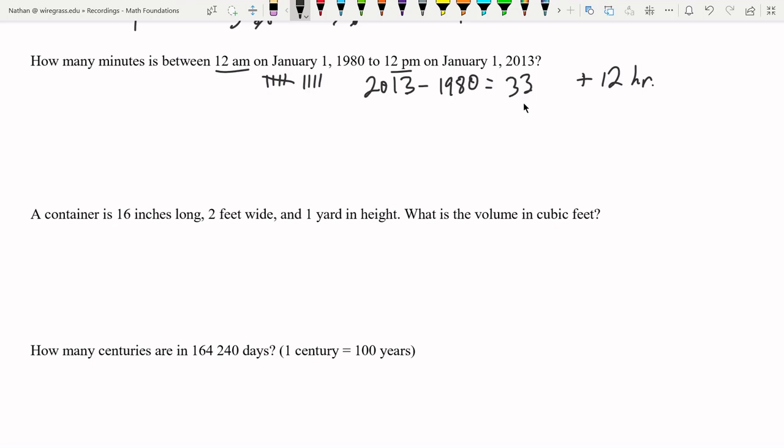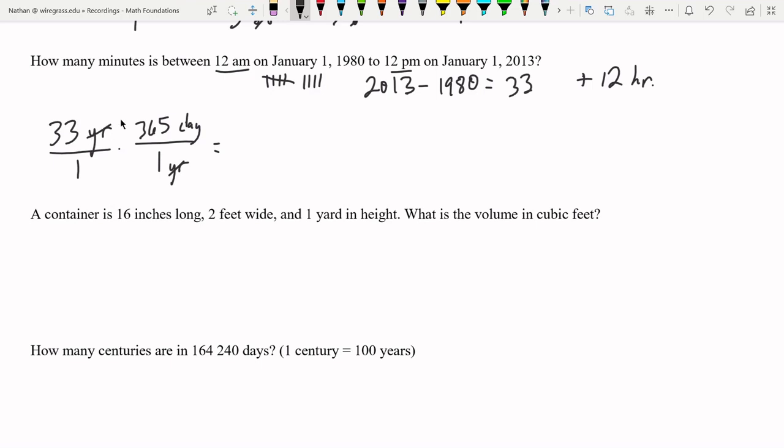We're going to take 33 years. That's the main unit. And convert it to days. There are 365 days for a normal year. So the years, of course, cancel.